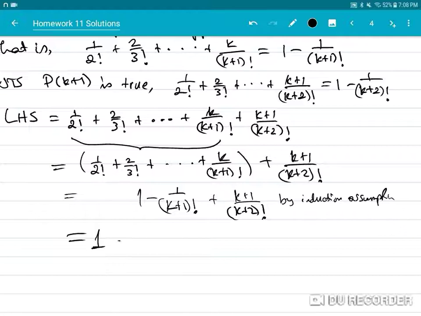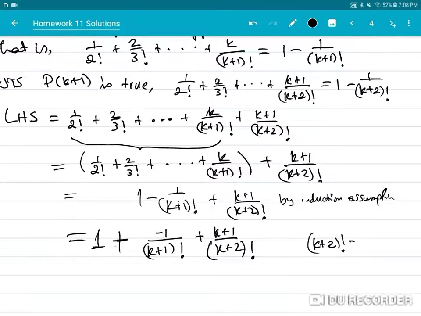1 plus, this is what I have. But k plus 2 factorial is k plus 1 factorial times k plus 2. So the common denominator between those two is k plus 2 factorial.